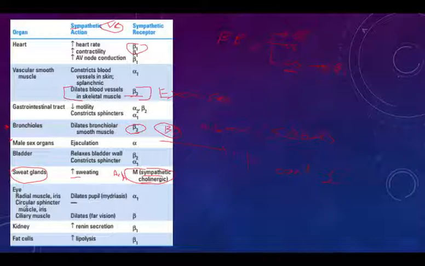Let's see. Another good one to remember is kidney is beta 1. And then the eye: you want to be able to look around in a fight or flight situation, so pupil dilation, and also changes in your accommodation pathways via the ciliary muscle to allow for far vision.